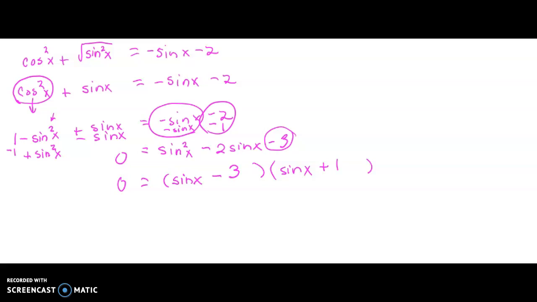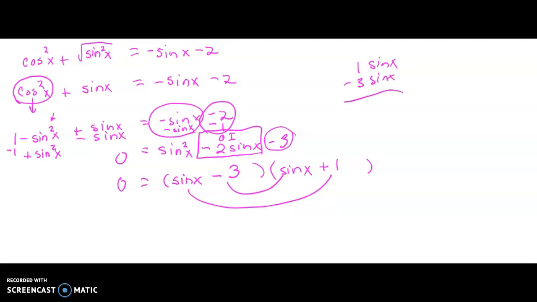Now remember, these outside, inside, and FOIL have to give me -2 sine x. So if I check it, outside gives me +1 sine x. Inside times inside gives me -3 sine x. And together that gives me -2 sine x. So that is factored correctly.